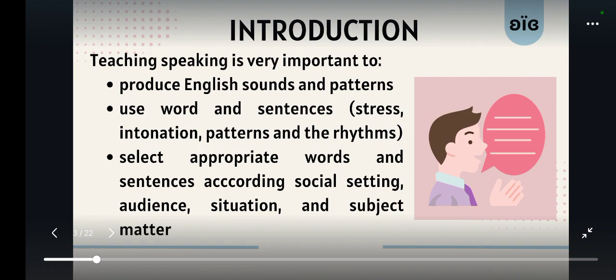Teaching speaking is very important to us teachers, and of course, to the students who will be receiving the information, because this skill focuses on producing English sounds and patterns.